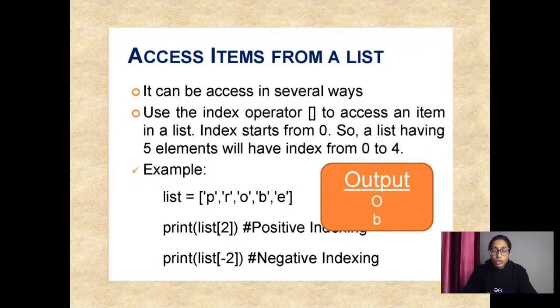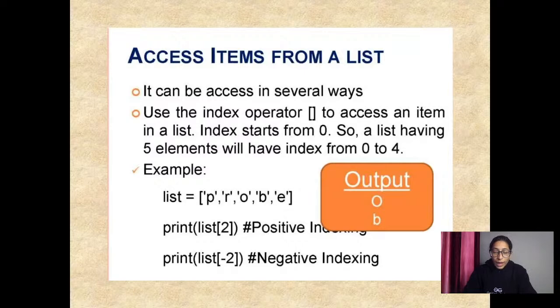This is just list indexing, as we read in string slicing also. In Python, indices start from zero, so a list having 5 elements has indexes from 0 to 4.